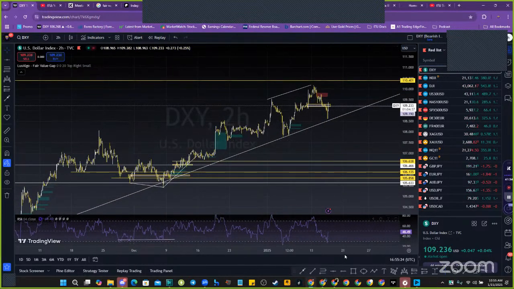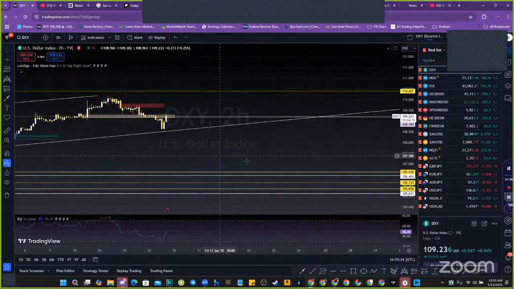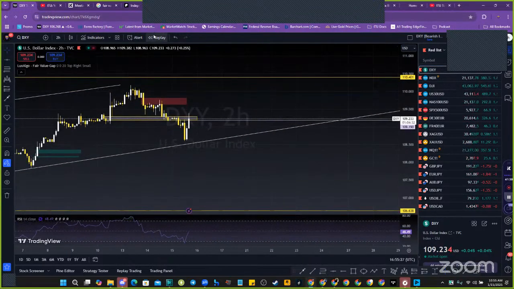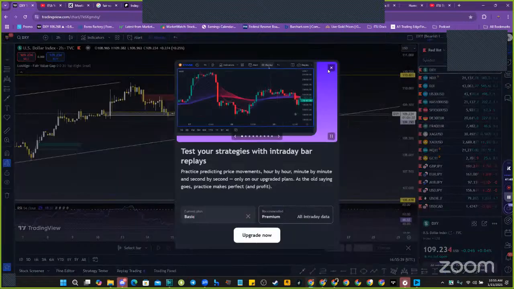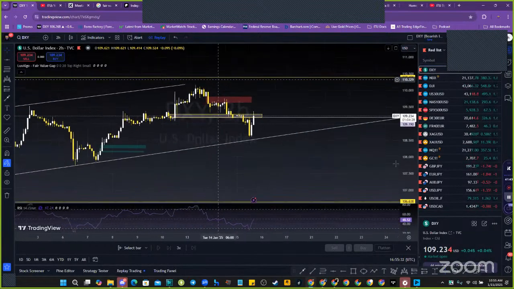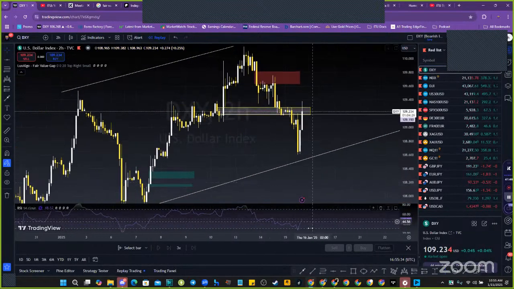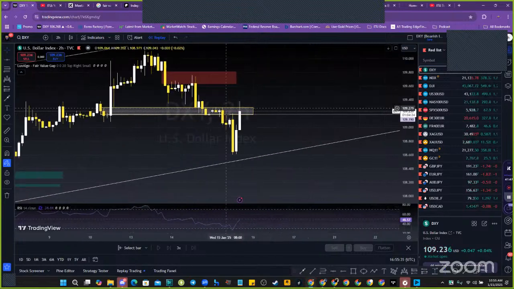So let's see if I can replay here. I don't know what's up with this thing. But let's just say back in January 15th, right? At the start of January 15th, it pushed down, broke, and retested that. So that's saying the dollar is going to push down into the trend line like we want it.